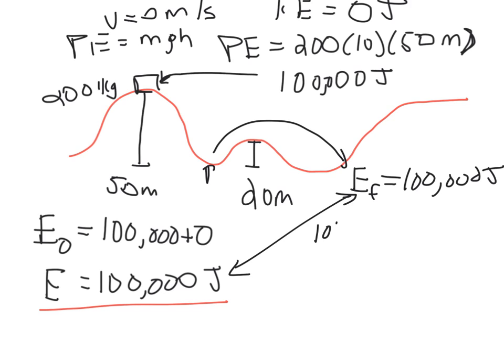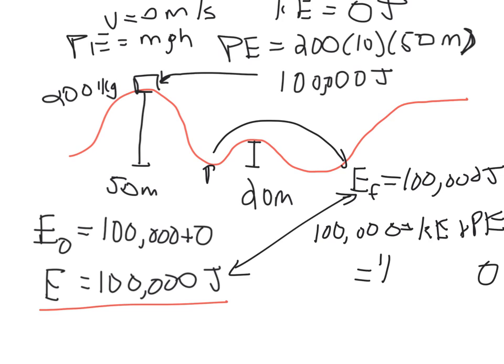So I know that my total energy is equal to kinetic plus potential. At the bottom of the hill, because it doesn't have any height, our potential energy has to be 0.